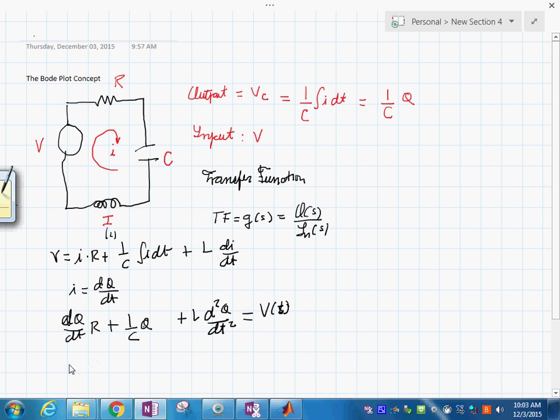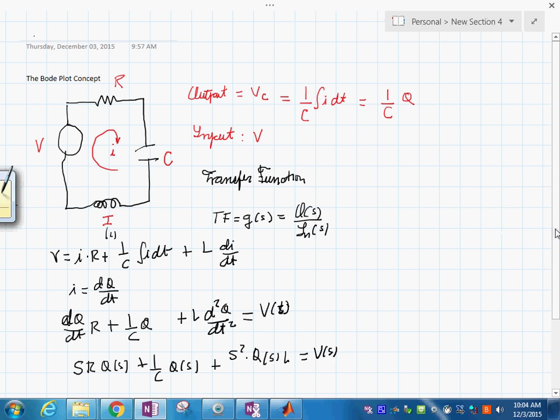You have S times R times Q of S, plus 1 over C times Q of S, plus S squared times Q of S times L, is equal to the voltage of S. Remember, the output is in here.